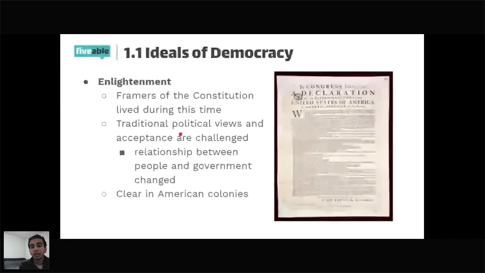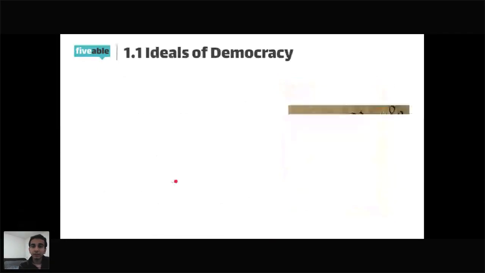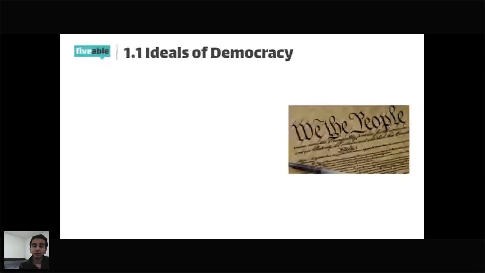This was clear in the American colonies, and there were several Enlightenment thinkers that inspired these framers. In the Declaration of Independence, the Enlightenment ideas were used as justification in terms of why we should get freedom from Britain.